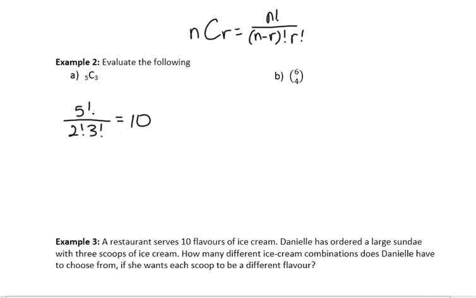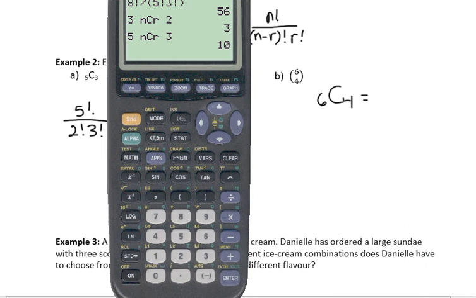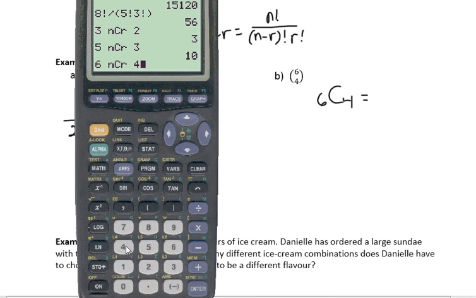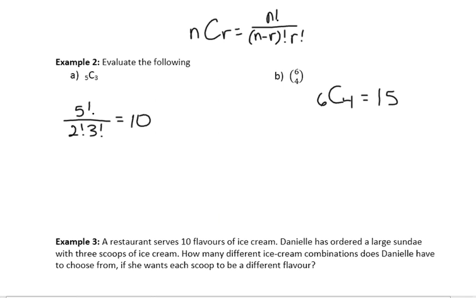So what does this mean? How many objects? 6, and we want to choose how many combinations can we make with 4 of them? Out of the 6. So 6, math, left arrow, 3, and 4. 15. Okay. 15 combinations.